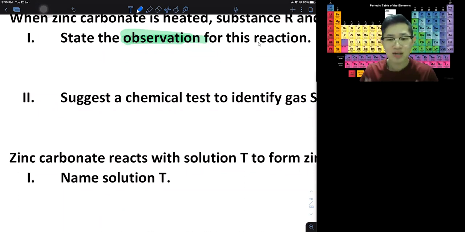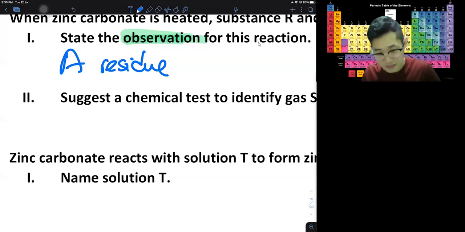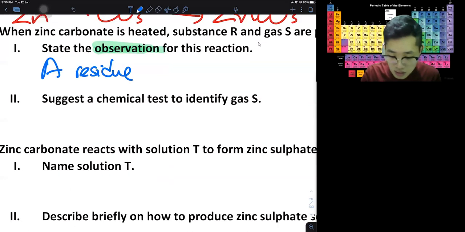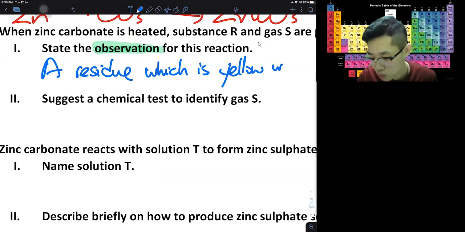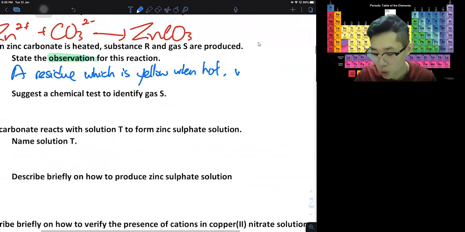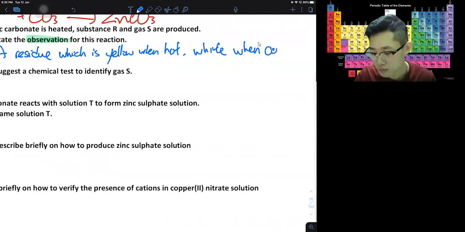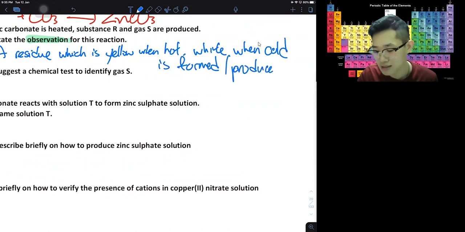Otherwise, you can just talk about ZnO, which is a residue in Baki, which is yellow when hot, white when cold, is formed or is produced, also can.